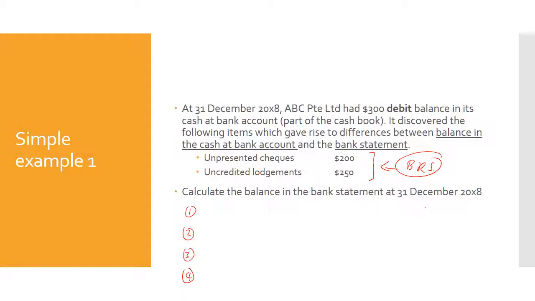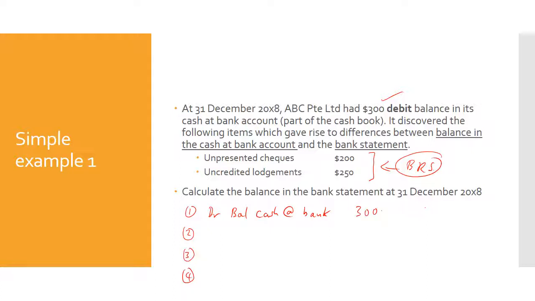So let's begin with, okay, we are trying to find the bank statement balance. So we want to start with what we have. So what do we have here? Debit balance in cash at bank. So the amount is 300.